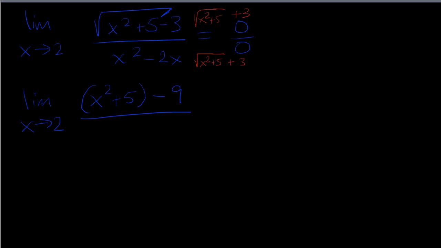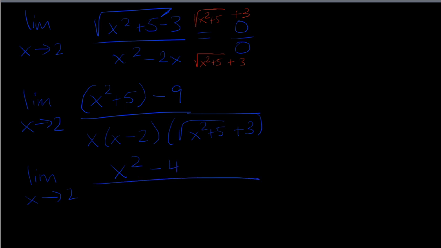The bottom, I'm going to leave as is for the square root, but I'm going to factor out an x from x squared minus 2x. So if I pull out an x, I have x minus 2, and then in parentheses, I have the square root of x squared plus 5, and then plus 3. At the top, I have 5 minus 9, so that simplifies to x squared minus 4.